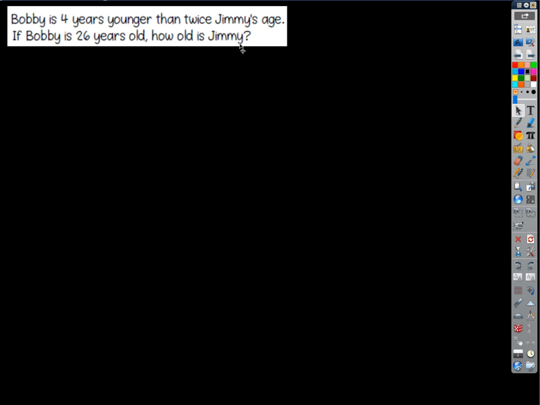This is where algebra really is helpful, because you can make short work of problems like this. First, we got to assign a variable. We always want to find some variable that we can use to rewrite this mathematically. So what could be our variable here? A lot of times when we're trying to assign a variable, it comes from the question itself.